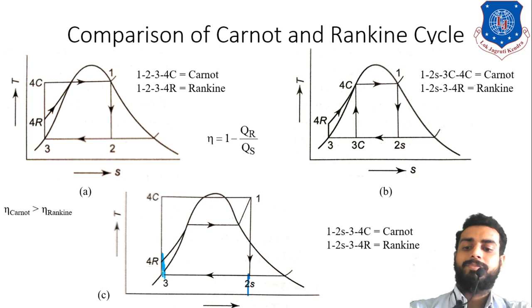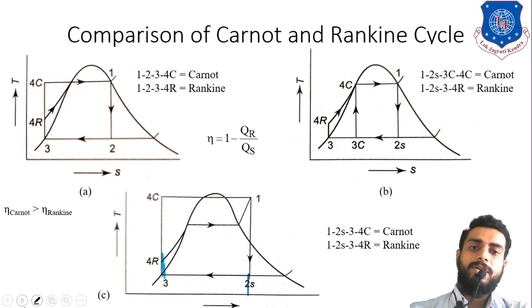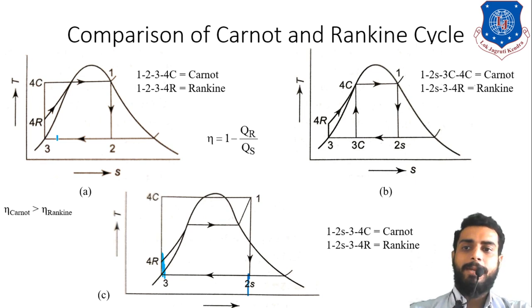So that means what? For every cycle, if you observe, the Carnot cycle pump work is higher than the Rankine cycle pump work. If the pump work of the Carnot cycle is higher, then it is not practical, right? Because this much pump work is done, but on the other side this much turbine work is done. That means your pump work and turbine work are almost the same.